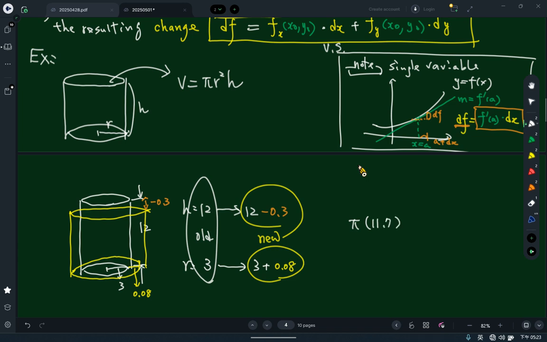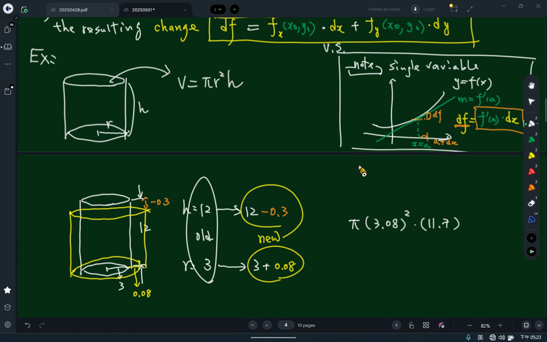You can use pi times 3.08 squared times 11.7.